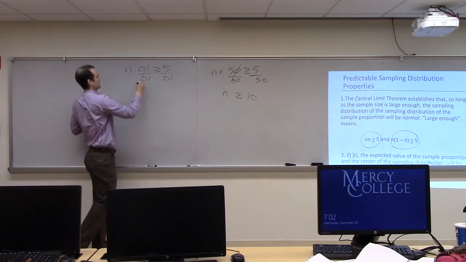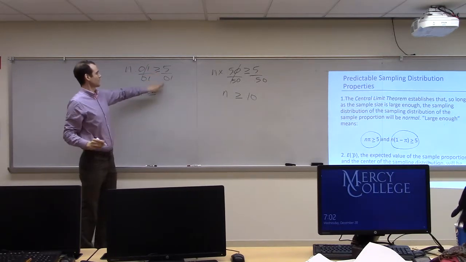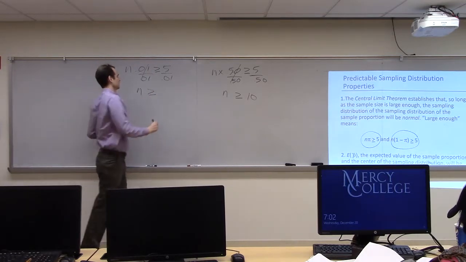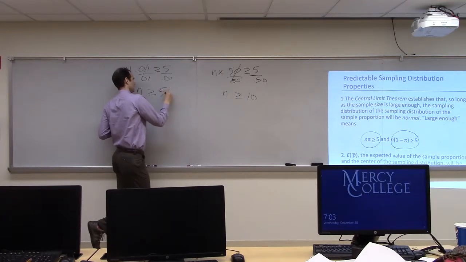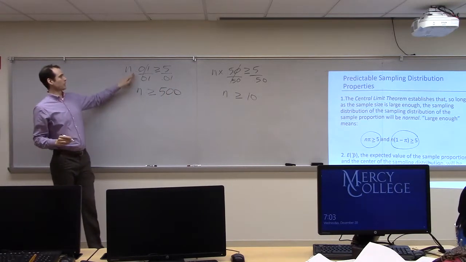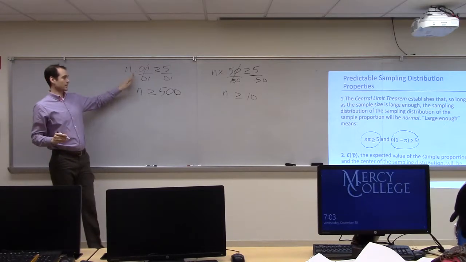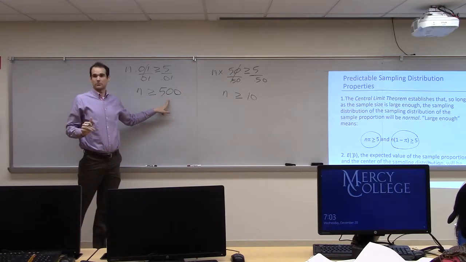So this cancels. So we have n must be greater than or equal to, what's 5 divided by 0.01? 500. So if the proportion is 1%, our sample size must be greater than or equal to 500.